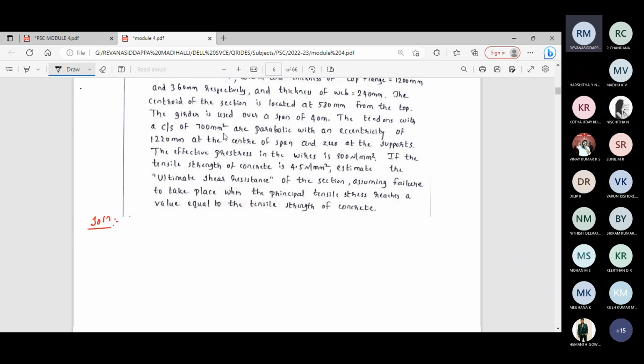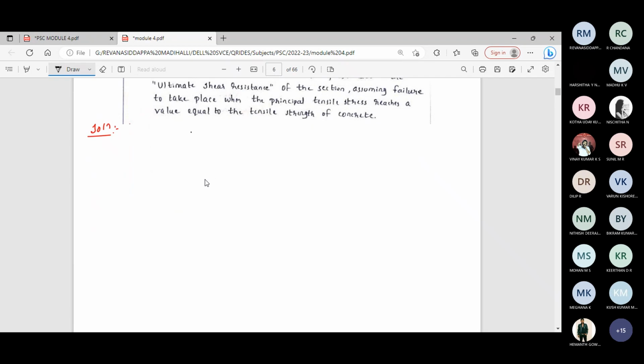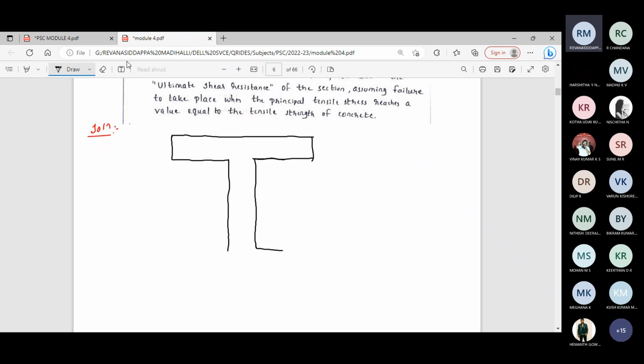Let me draw the figure of an unsymmetrical I section first, like this.